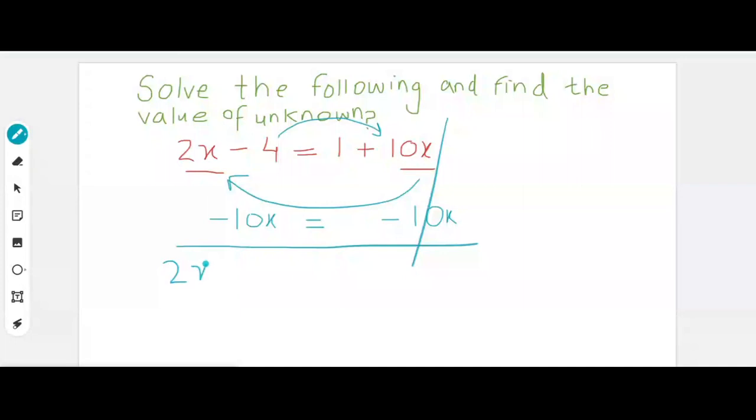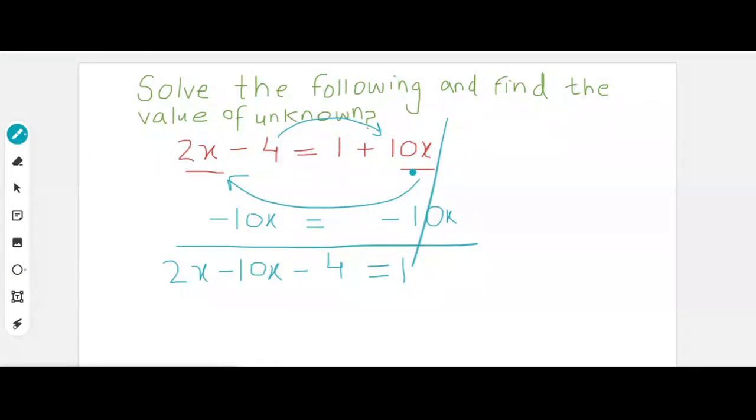and then on the left hand side, 2x minus 10x is left, minus 4 equal to 1. And now some of you are thinking, why do we subtract 10x, why not 12x? We subtract 10x because on the right hand side, we need to shift this 10x to the left hand side.